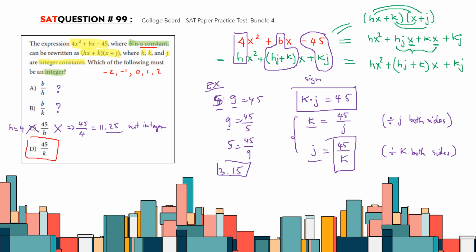Because b, we don't know if it's an integer or not. That is the big unknown. But this one, obviously, we can say it because the given information says j is an integer. So we're sure that 45 divided by k should be an integer. We ignore the negative here because if k or j is negative, it's still an integer.